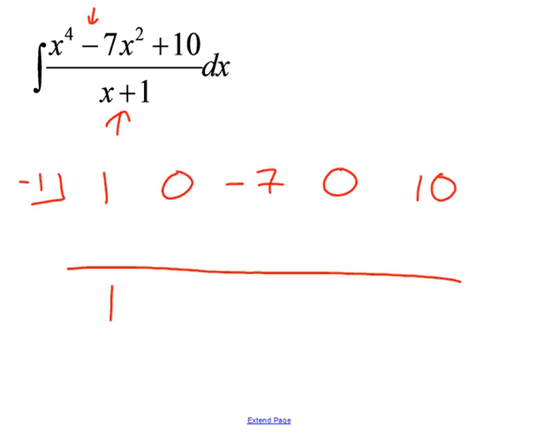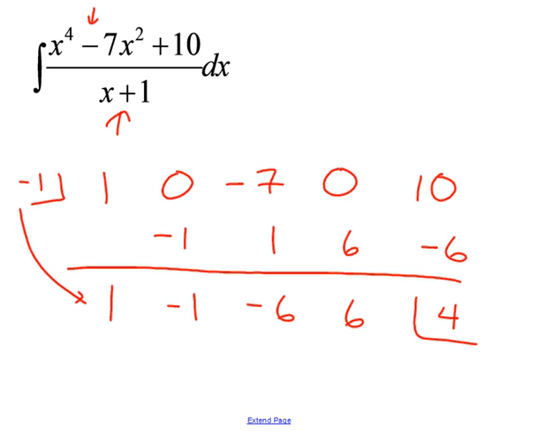I always bring down my 1, multiply my -1 up here by my 1, get -1, and then I add to get -1, multiply again to get 1, add to get -6. I'm going to multiply to get 6, add to get 6, multiply to get -6, and I add to get 4. Again, this is my remainder.